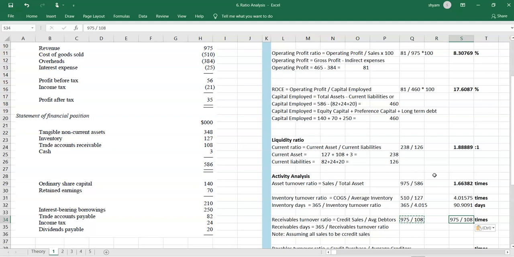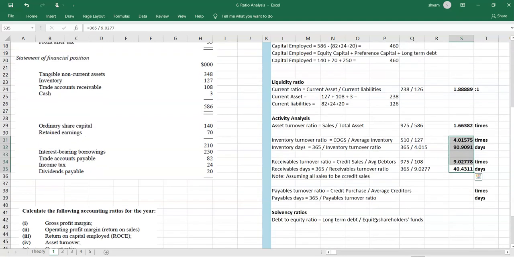As we only have a single year, we can just take the full number here. So let's get the answer. So the answer comes to 40 days.